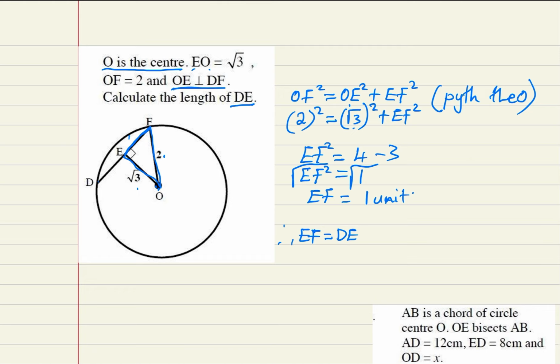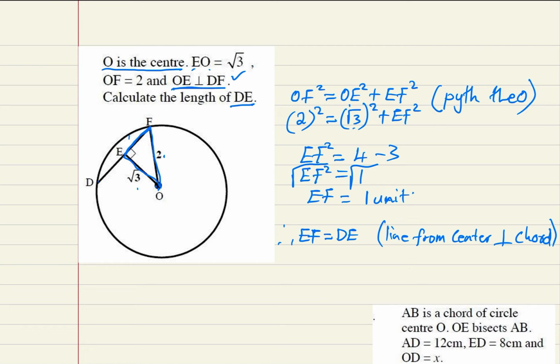Why? We're told about the perpendicular, that OE is perpendicular to DF. Hence, the reason will say: line from center perpendicular to the chord.